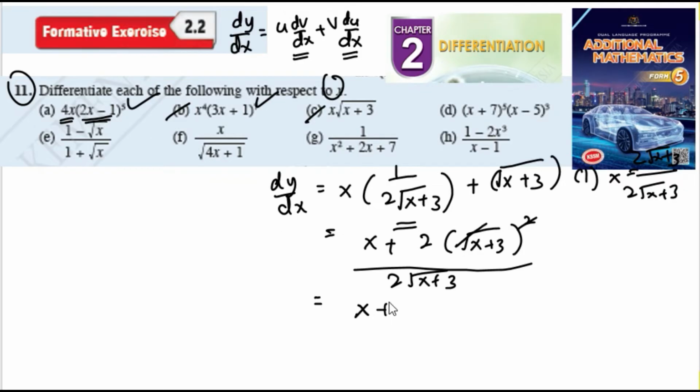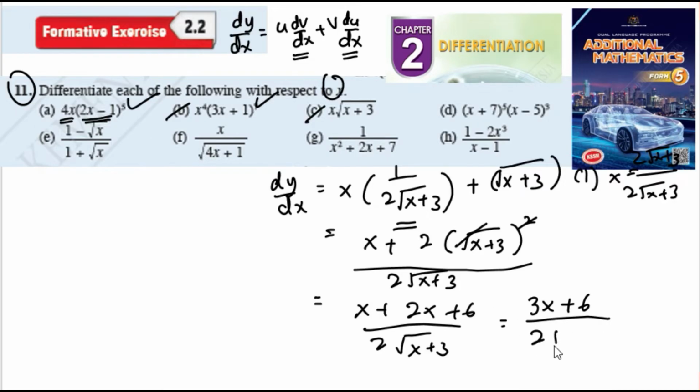So here x plus 3 times x is 3x, 3 times 3 is 9, divided by 3 times the cube root of (x plus 3) squared. x plus 3x, you get 4x plus 9, divided by 3 times the cube root of (x plus 3) squared. Get 3 out, so (x plus 3) divided by 3 times the cube root of (x plus 3) squared.